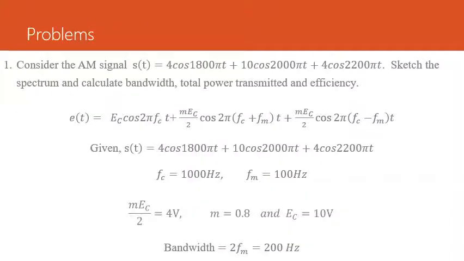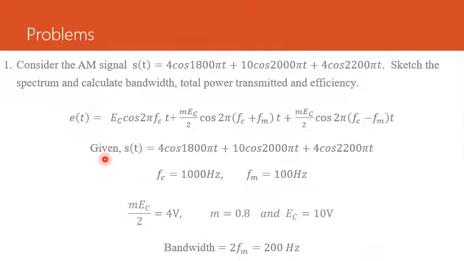In the previous slide we derived the expression for an AM signal. Then from that we drew the frequency spectrum, and from the frequency spectrum we derived the expression for bandwidth, then the total transmitted power and the total current. Based upon that relationship we can solve some questions.